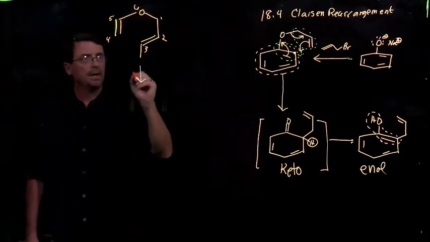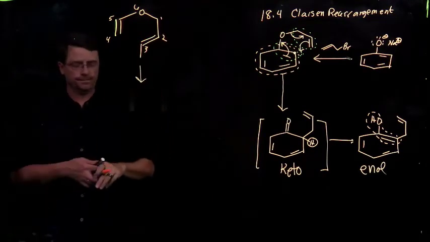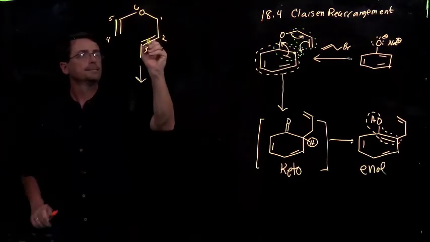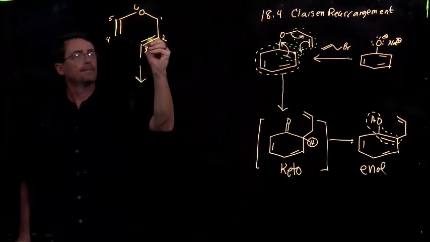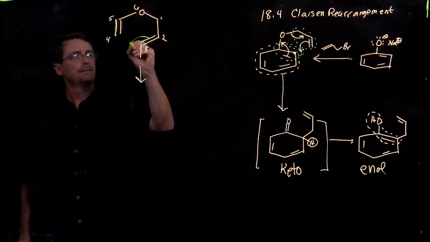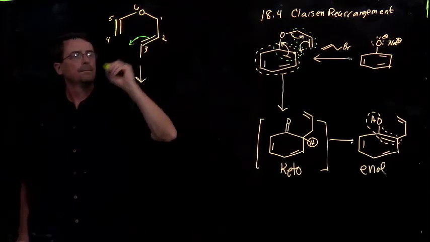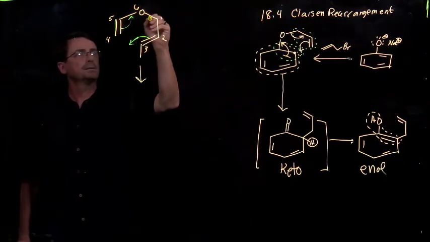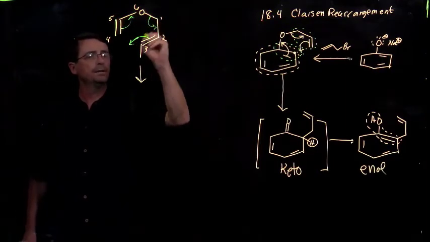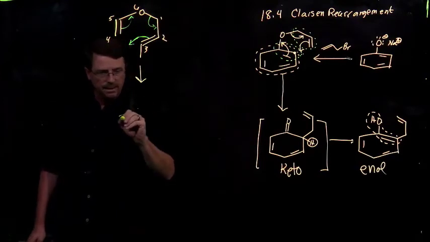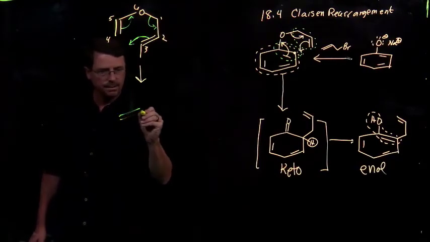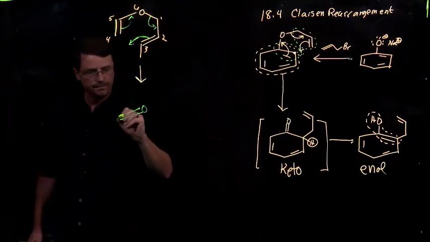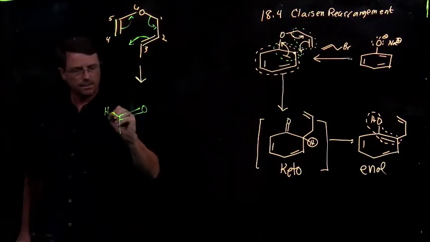So if that happens, let's push the arrows and see where they go. There. We swing this one up. We're going to make a carbon-oxygen double bond. We're going to break this bond. And I'll keep the atoms in a similar arrangement.